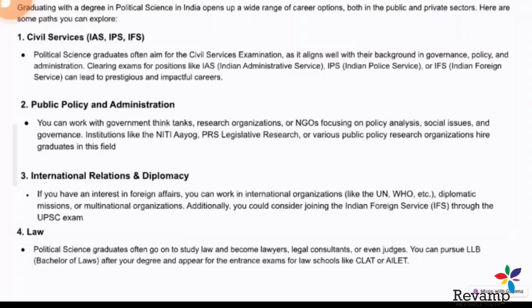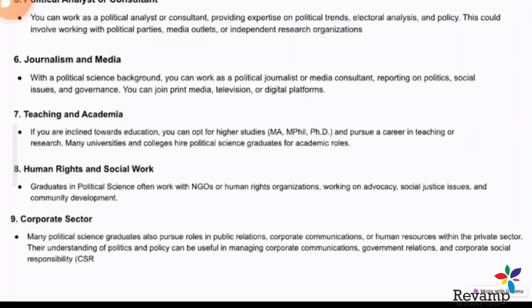Some students of political science go for law. After their graduation they go for LLB and become an advocate. It's also a choice you can make. The next is political analyst and consultant. What does that mean? It means understanding recent political trends and electoral analysis. Here we need a political science graduate who has knowledge of politics.